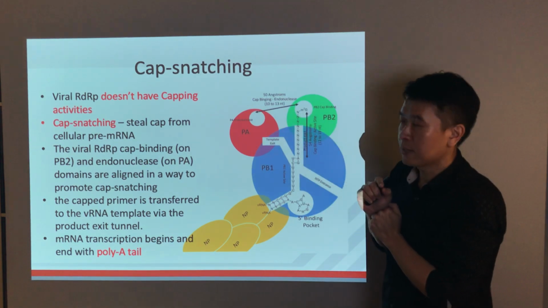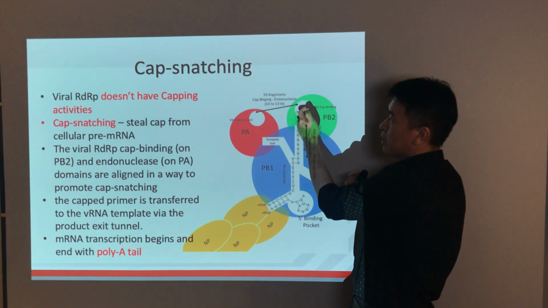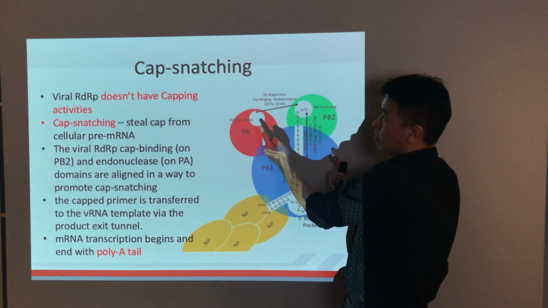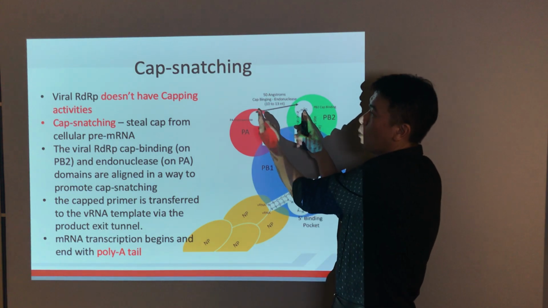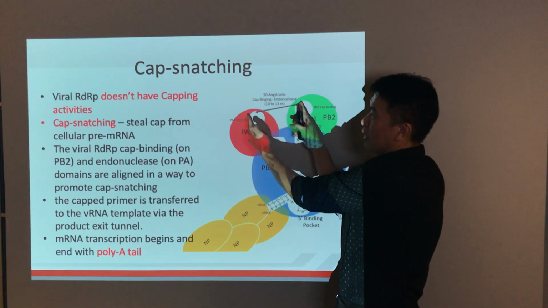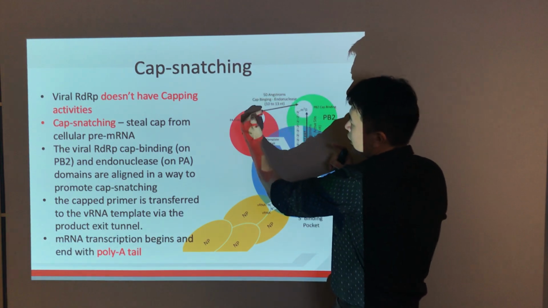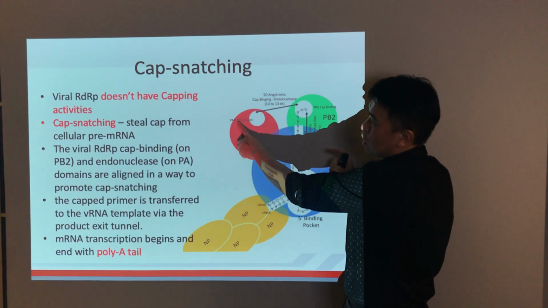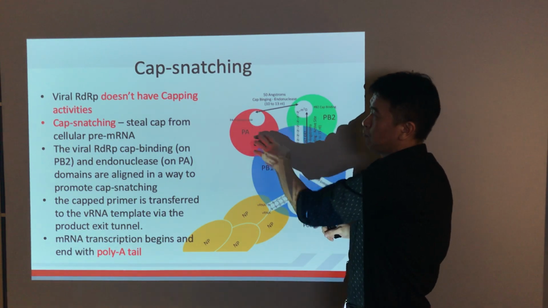So what happens next is, when the cap is bound to PB2, because the distance between these two is 50 Angstroms, almost 10 to 13 nucleotides of distance, the mRNA comes to PA, where there is an endonuclease domain.